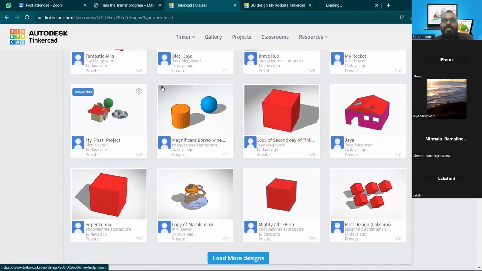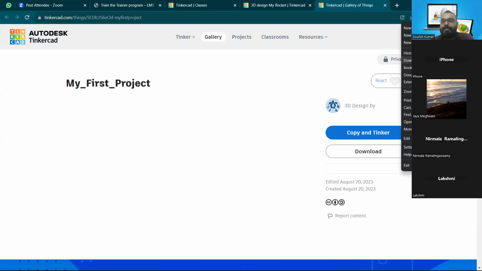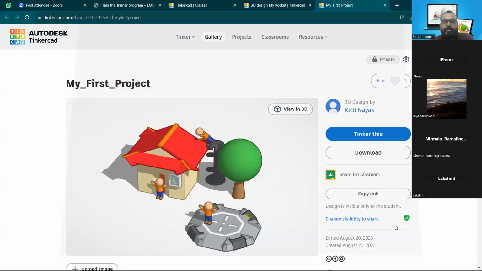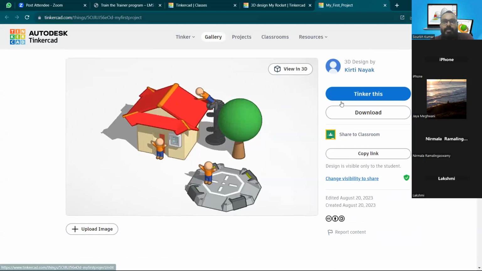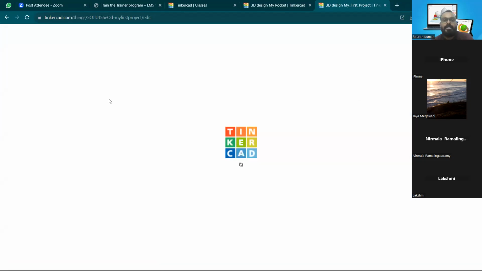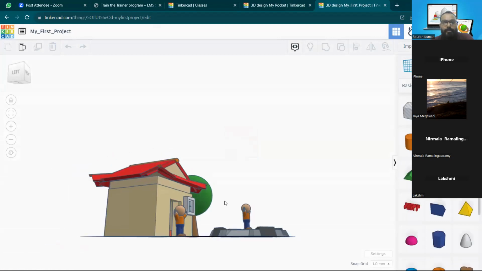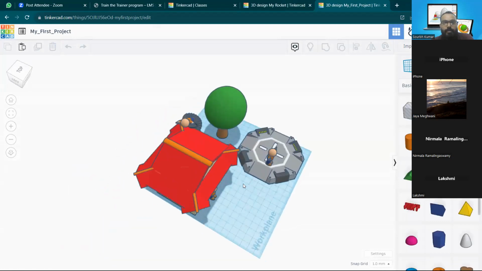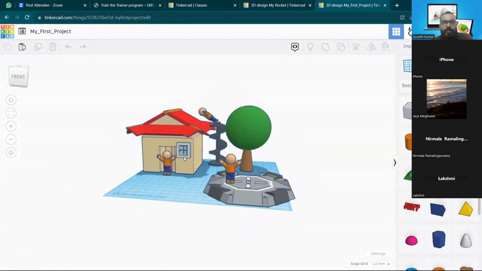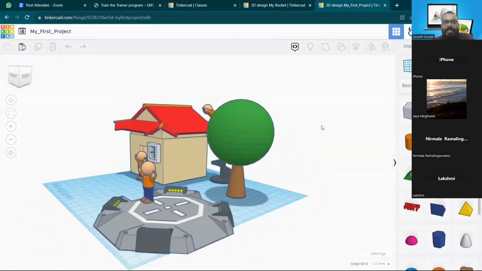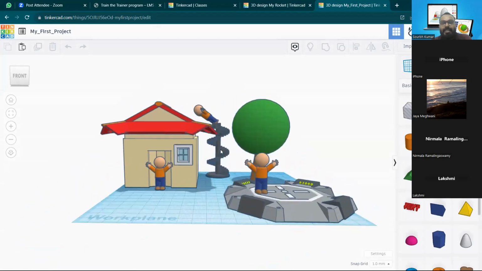One more great design by Kirti Nayak sir. This design is also amazing. He literally invested a lot of time to complete this design in Tinkercad. So yes, that is great.